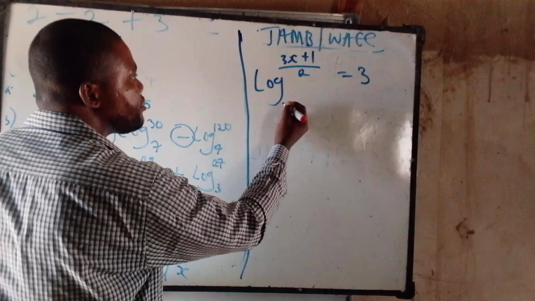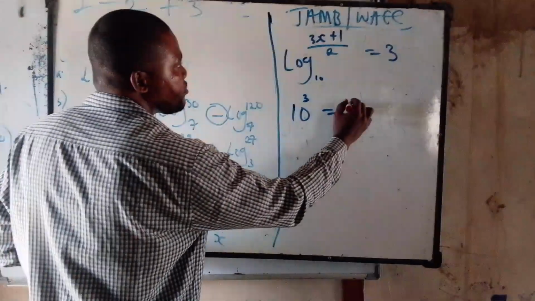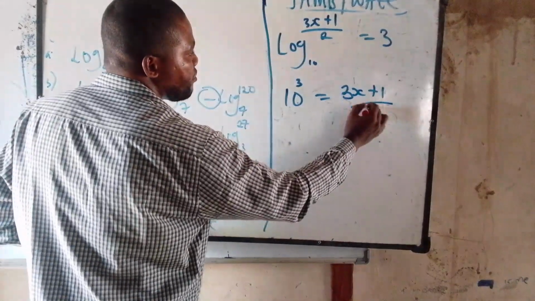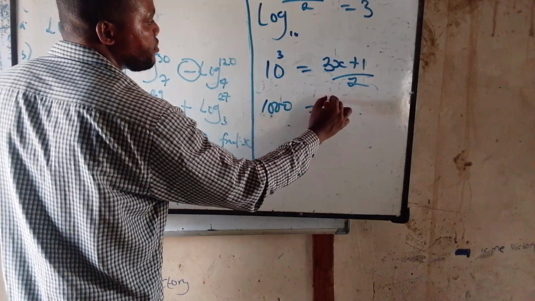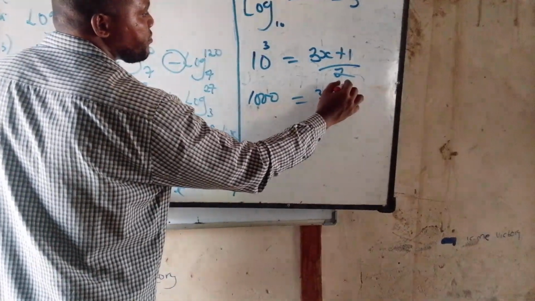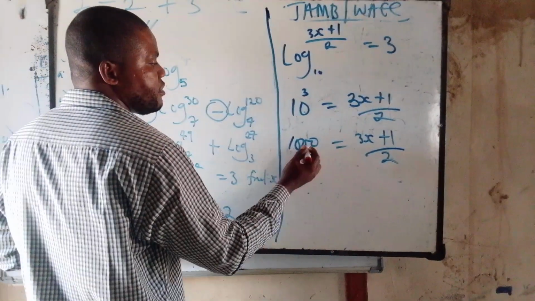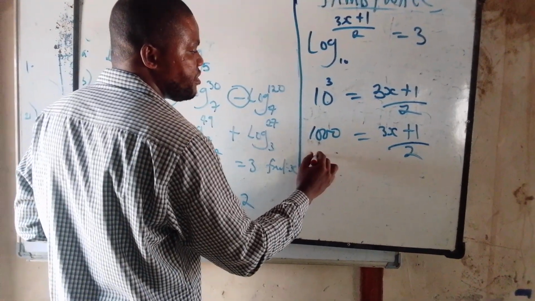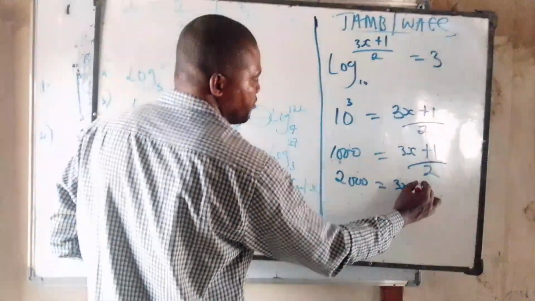If I do this, it becomes 10 to the power of 3 equal to (3x plus 1) over 2. 10 to the power of 3 is 1000, equal to (3x plus 1) over 2. So this gives me 2000 equal to 3x plus 1.